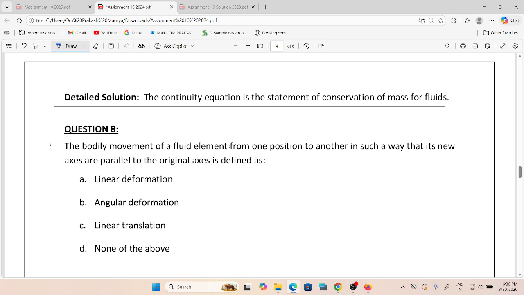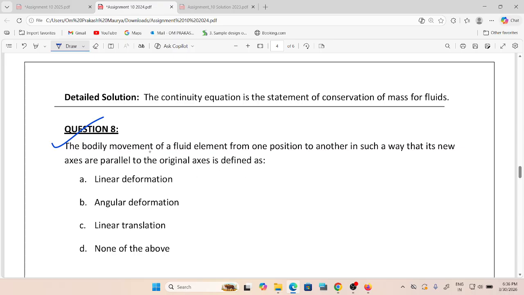Now the next: the bodily movement of a fluid element from one position to another in such a way that its new axes are parallel to the original axis is defined as.